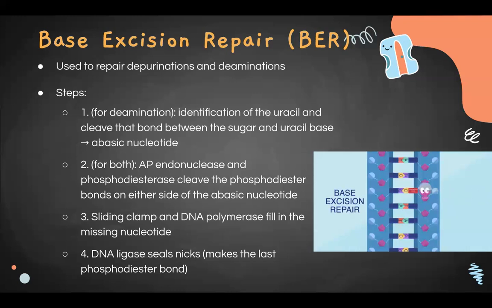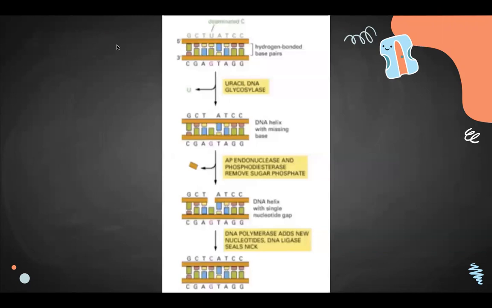Then sliding clamp and DNA polymerase will come and attach and fill in the missing nucleotide. And just like before, in mismatch repair, when you fill in these gaps, DNA ligase needs to come in and seal the nicks, which makes the last phosphodiester bonds between the 5' and 3' of either side of the newly synthesized strand.